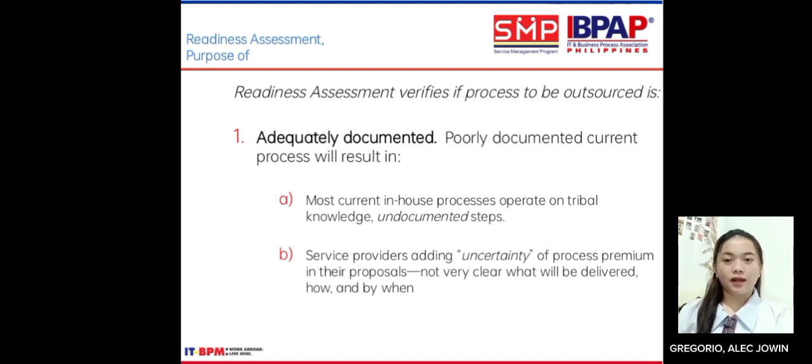Number 1, adequately documented. Poorly documented current processes will result in: A. Most current in-house processes operate on tribal knowledge with undocumented steps. B. Service providers adding uncertainty, a process premium in their proposal, as it is not clear what will be delivered, how, and by when.